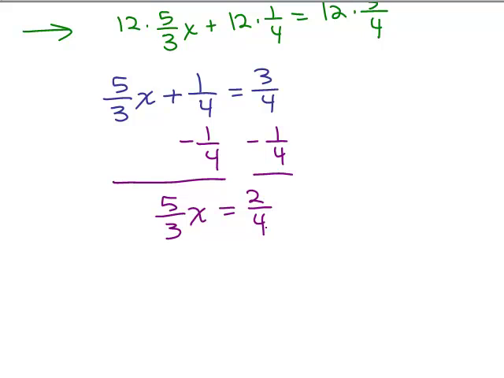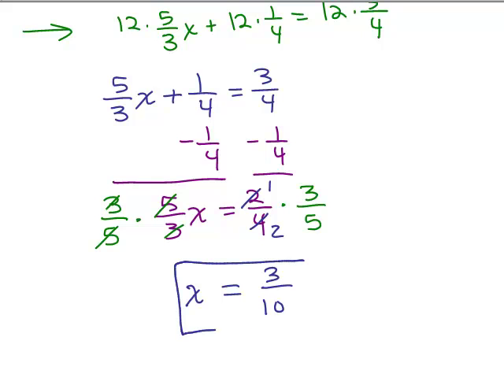Or you could have done that in your head and written 1/2. But then how do I figure out what x is? Well, I've got 5/3 times x, so my next step would be to multiply by 3/5 so that those cancel, right? But whatever you multiply on the left side, you have to multiply on the right side. So I will get x equals, and let's see, the 2 and the 4, you could do your canceling now, right? If you didn't do it before, 3/10. So we get 3/10 no matter which method we use.